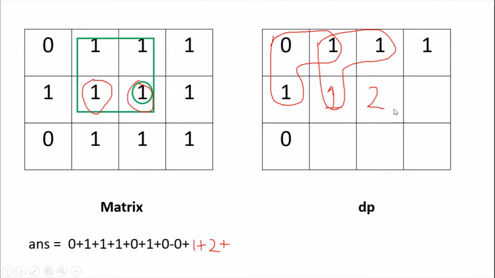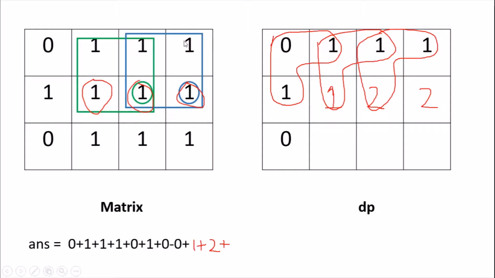Now we move on to our next element, this one, and we check what is the minimum of these three. That is also 1, and the best we can do is 1 plus 1, 2 here. So again the number of square matrices at this cell will be 2, one of size 2 and one of size 1.